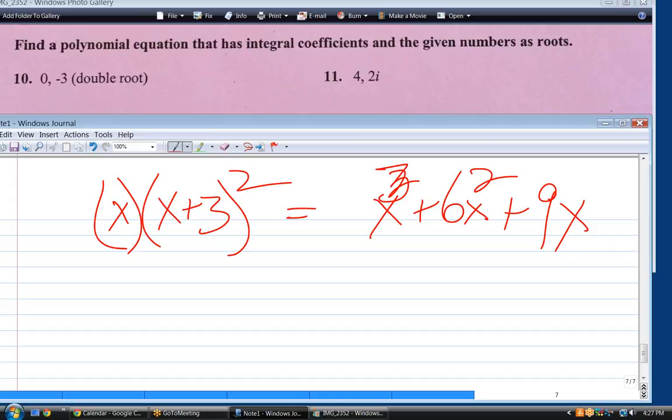In other words, if they gave us all of the roots, then we should have a cubic, right? Because we have an x times an x plus 3 squared. So we're going to have a cubic, and all I did was multiply these linear factors out.